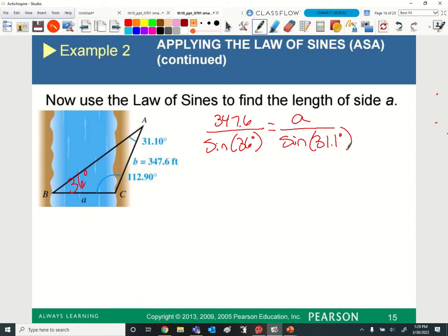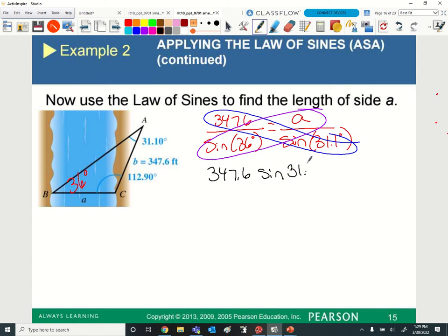So, we're going to do cross products here. So I get 347.6 times the sine of 31.1 degrees is equal to little a times the sine of 36 degrees.